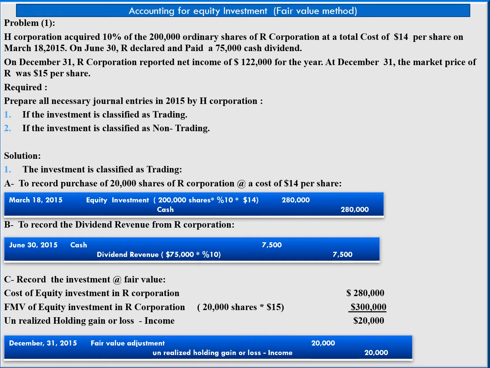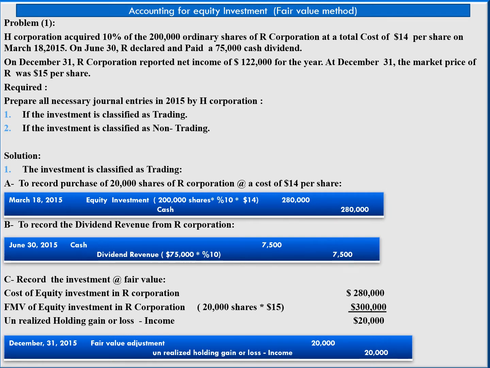Now let's solve the problem. Solution, number 1: the investment is classified as trading. A: record the purchase of 20,000 shares of R Corporation at a cost of $14 per share. The problem says H Corporation acquired 10% of 200,000 ordinary shares of R Corporation.